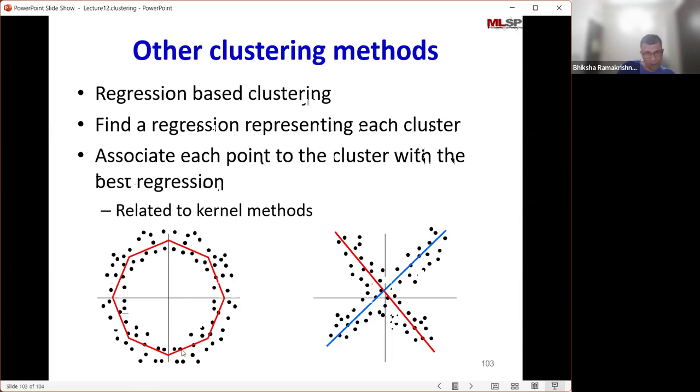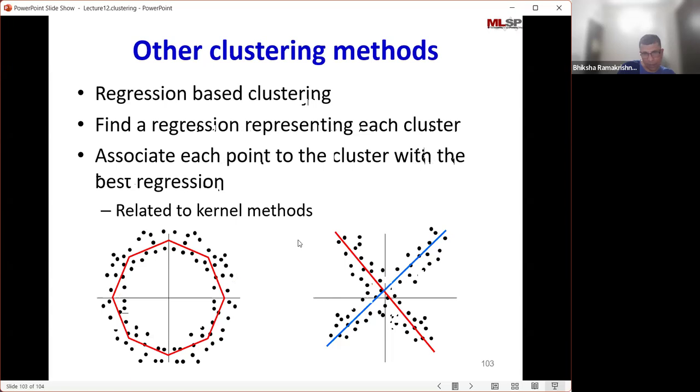But if I could somehow fit this octagon, which is a piecewise linear approximation to a circle, and then cluster data points based on which of these line segments they are closest to, then I would discover that the data lie approximately in a circle.